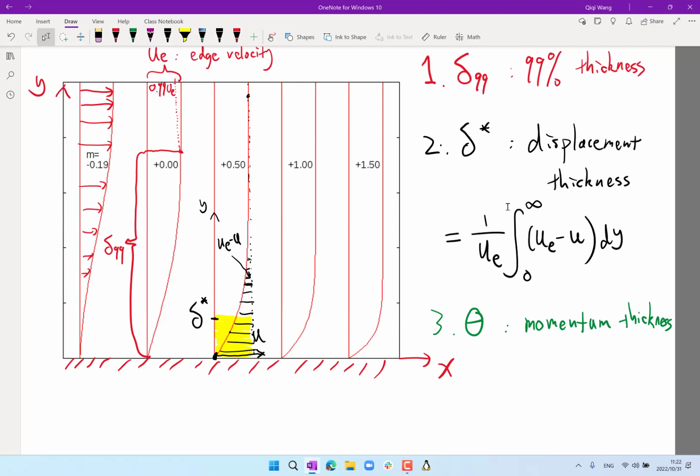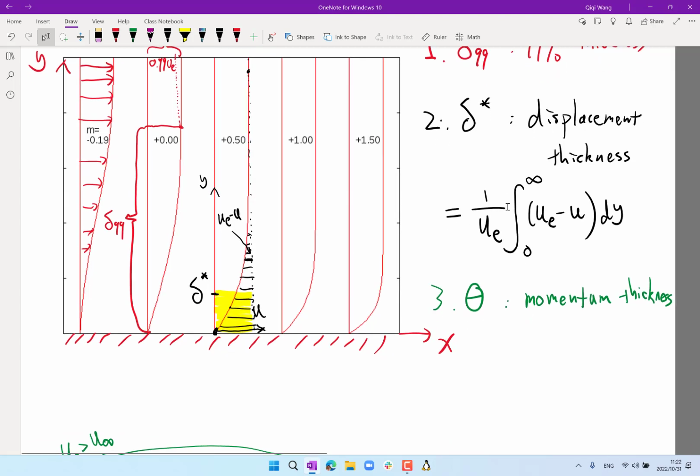So rho times this thing is called the mass defect. And if you divide the mass flux defect by rho times UE, that's the displacement thickness. The momentum thickness, instead of looking at the mass flow defect, looks at the momentum flux defect.